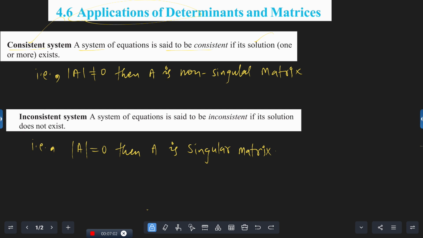So the system of equations is said to be inconsistent if the solution does not exist. When 1 by determinant of A into adjoint of A does not exist, we cannot get a solution, so the system is inconsistent. Have you understood, children, what is inconsistent and what is consistent? Okay, right. Based on this only we are going to see the next topic.